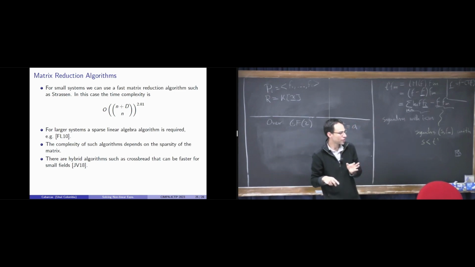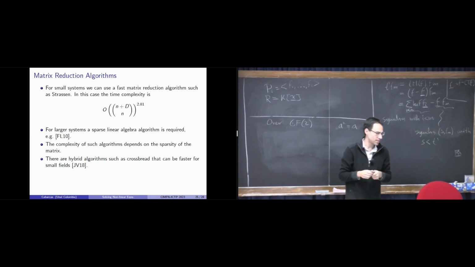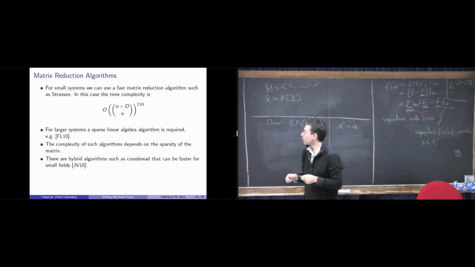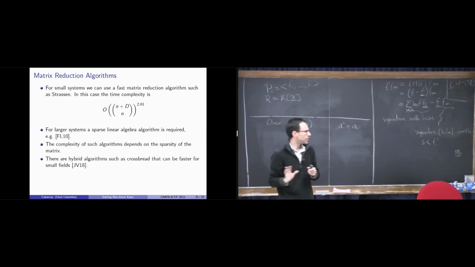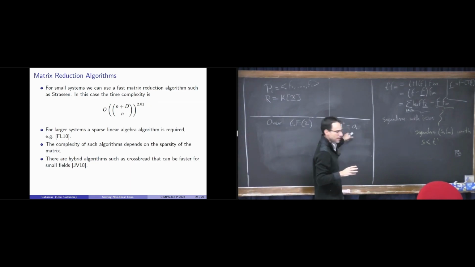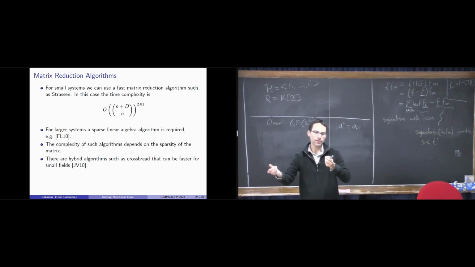Okay, there are also hybrid algorithms, such as crossbreed, that can be faster for small fields. So when the field is very small, like GF2 or GF3, you can try to guess some of the variables, and guess and solve until you get a solution.